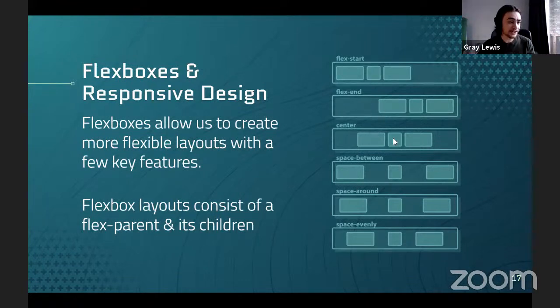We can also center all of the elements and put them close together. We can squash them towards the end of the Flexbox. We can squash them towards the beginning of the Flexbox, etc. Right? So this is just one of the attributes that we can set on a Flexbox to actually make its layout function as we want.